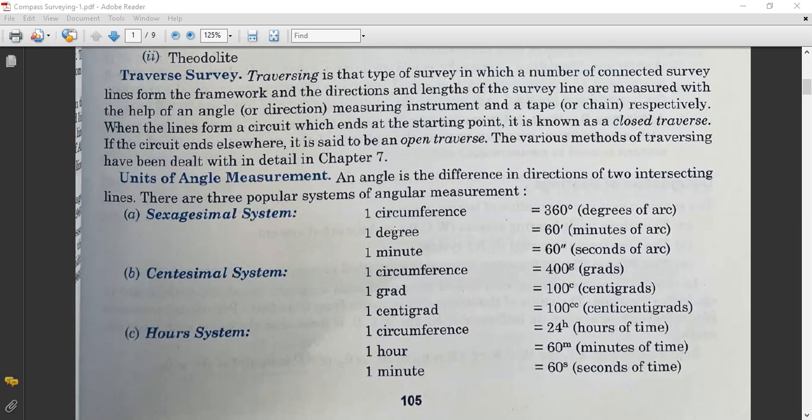In the sexagesimal system we will be measuring the angles or directions in terms of degrees, minutes and seconds. We can represent it as 30 degrees, 20 minutes, 20 seconds, like that. A circumference, that is a circle, is the reference for the sexagesimal system.